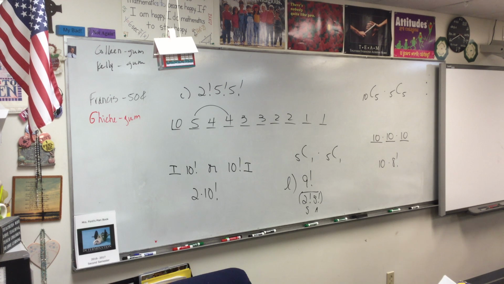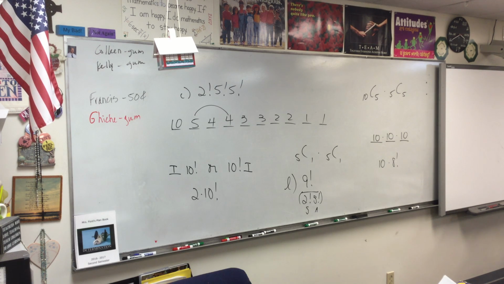These two have to be tied together. All right? So how many are there all together? Well, there were 10, but these two are tied together, so there are 9. Now I'm going to arrange, so that would be 9 factorial times 2 factorial.